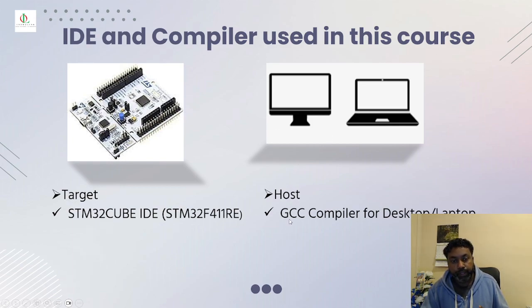So for the host, for the IDE to run and produce and generate the output, you need the GCC compiler for desktop and laptop. So these two are the ones you need to get your IDE installed and get going.